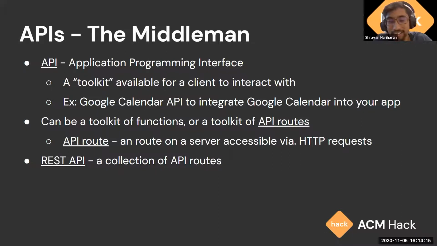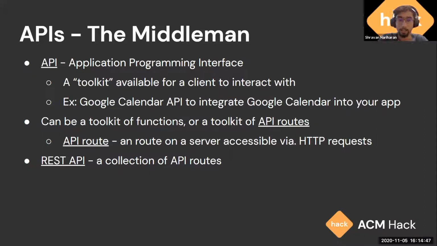So what is an API? API stands for Application Programming Interface, and it sounds like a bunch of jargon, but basically it's just a toolkit that someone is providing for a client to interact with. An API is a very general term. It can refer to, for example, a Google Calendar API, where Google developers created a bunch of functions for you to use inside your application to integrate with Google Calendar.